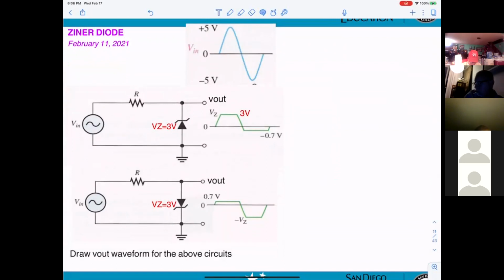So the first thing is you get a positive cycle here. Okay, so when the input voltage is higher than 3, then the diode has to be in breakdown. So that's why you can see the Vout will be equal to 3 volts for the breakdown right here.